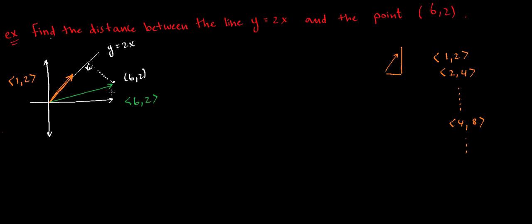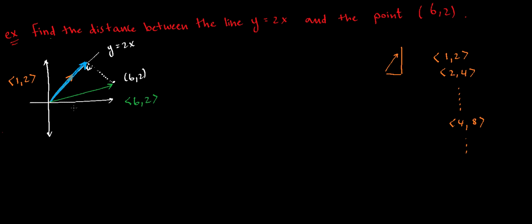Now if I project this vector 6, 2 over this vector over here, I'm going to get a new vector that starts from the origin and ends at this point. Then I can find the coordinates of this point, and using the formula for the distance between 2 points, I can find the distance.